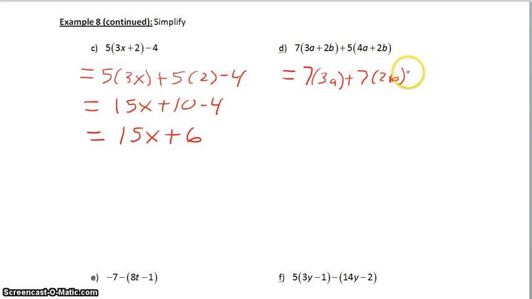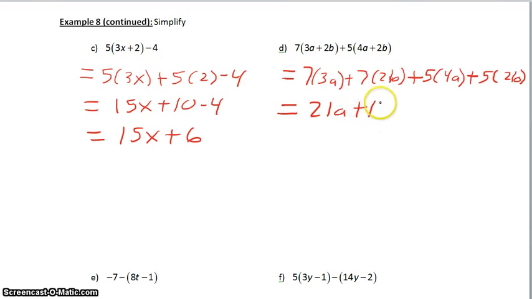Now we would take plus 5 times 4a plus 5 times 2b. Seven times 3a is 21a. 7 times 2b is 14b. 5 times 4a is 20a. And 5 times 2b will give you 10b.